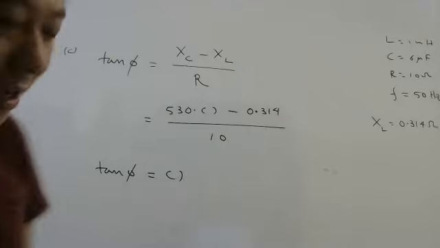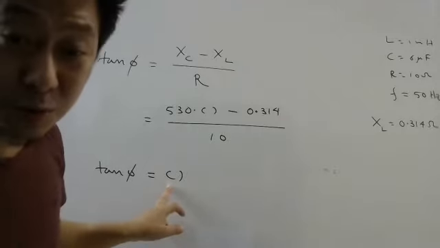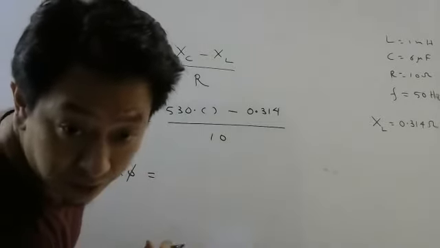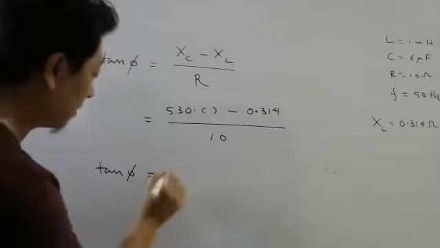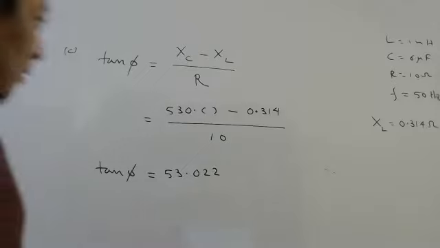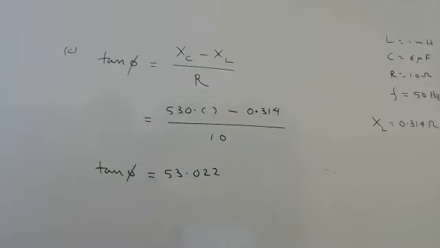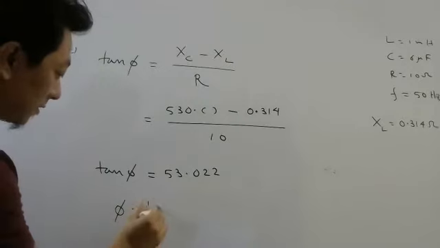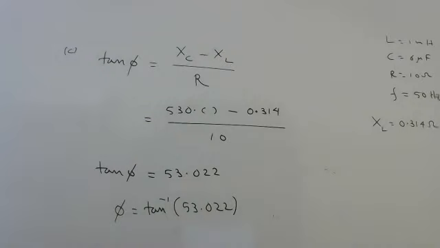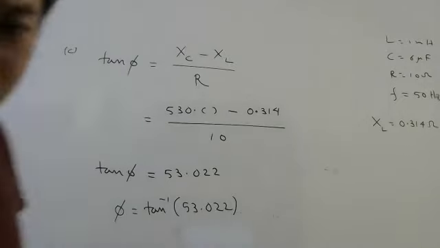Now, if you are lucky in the exam, you may get something like 1 by root 2. What are you getting? 53.022. So this is your tan phi, then phi will be tan inverse of it. 53, 37. 53 was a very good angle, no?